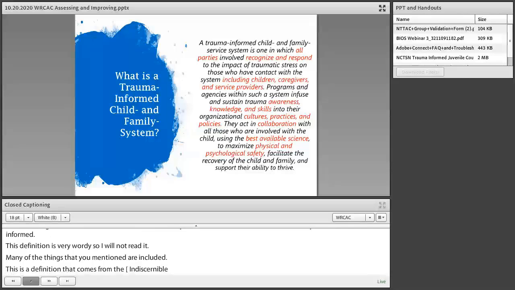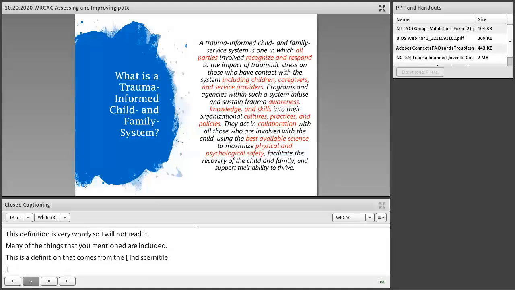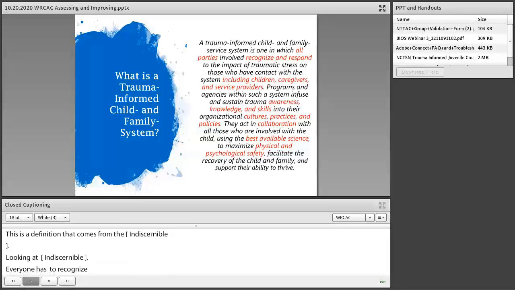It's not just the social workers or the quote-unquote mental health people. Everyone in your organization has to recognize it, from the folks who answer the calls, to the folks waiting in the lobby when families come in and getting them settled, to the family advocates, to the law enforcement officers that come into our building. They all recognize and respond to the impact of traumatic stress.